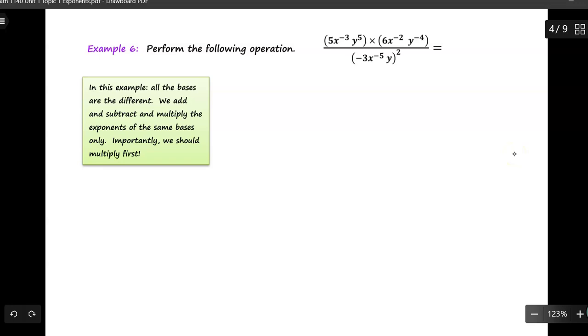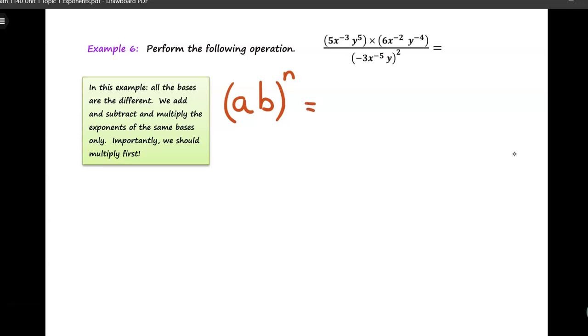So if I have A times B, the two different bases, and I raise this to the exponent n, I have no other choices. A times B raised to exponent n, but A is different, B is different. So what you do is you can break this into A raised to exponent n and then B raised to exponent n.